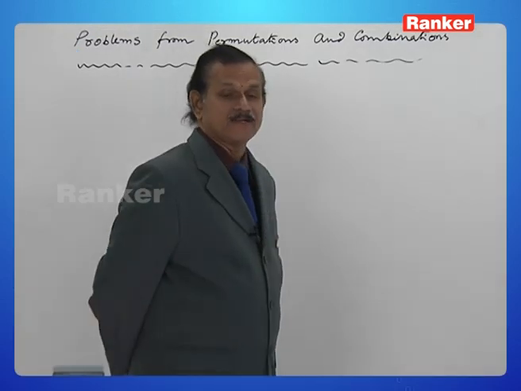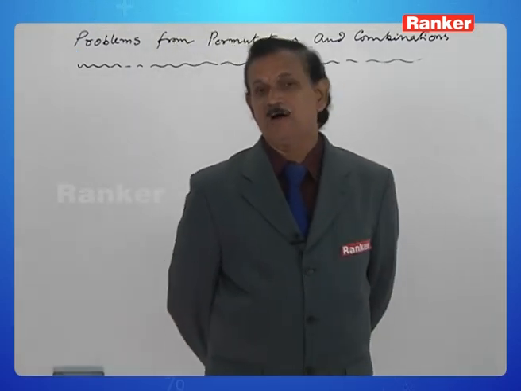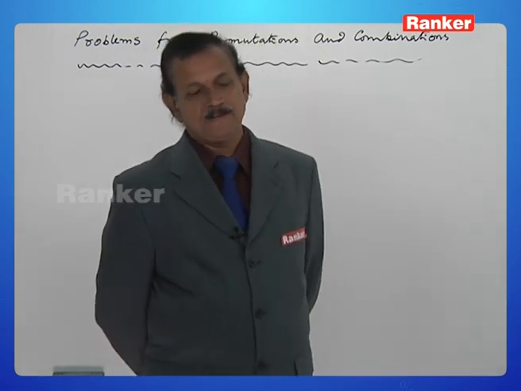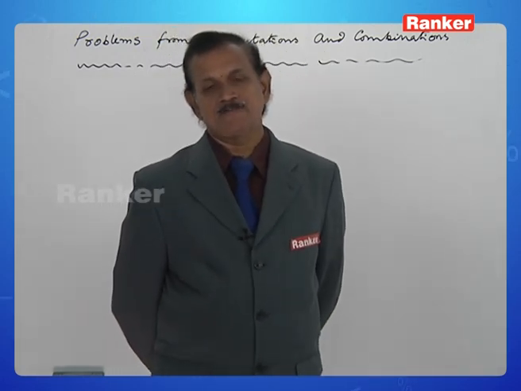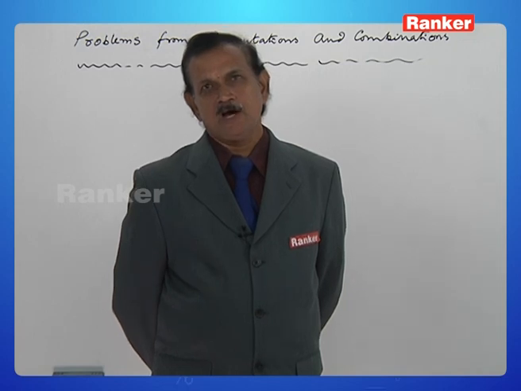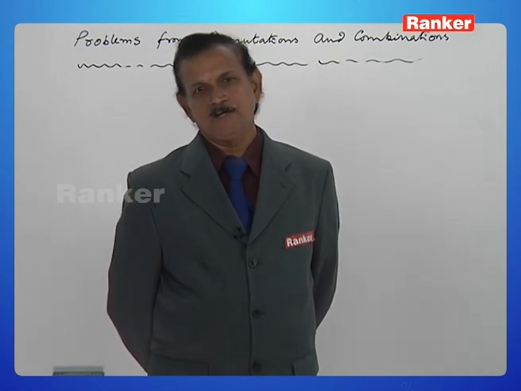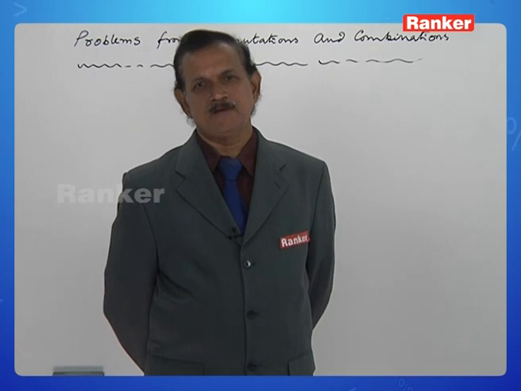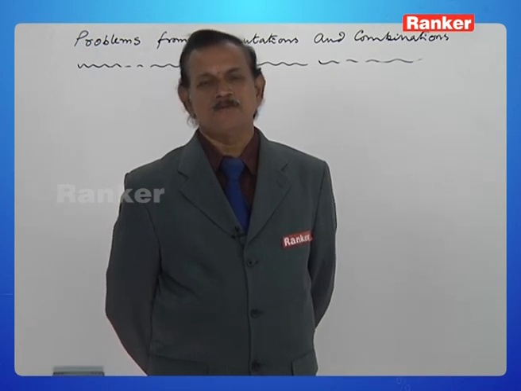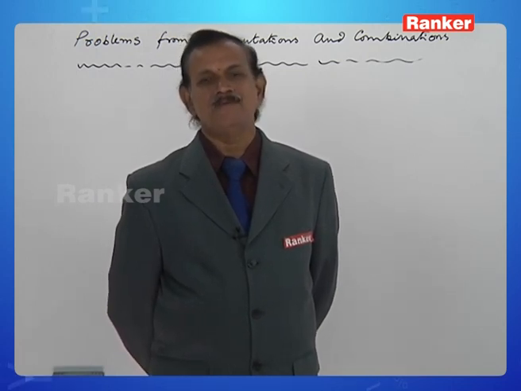We may have to recollect a good discussion and a formula from combinations. If P things are alike of one kind, Q things are alike of another kind, R things are alike of some other kind, then the number of ways of choosing any number at a time is (P plus 1)(Q plus 1)(R plus 1) minus 1.